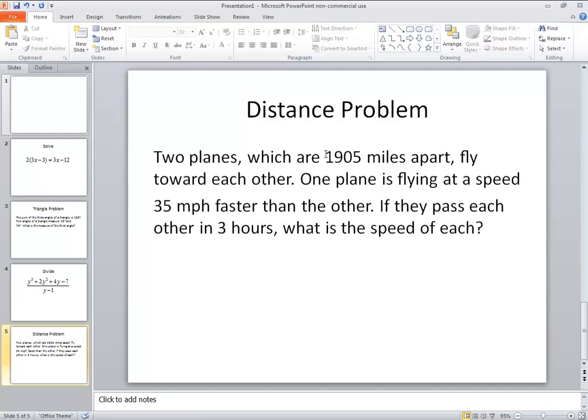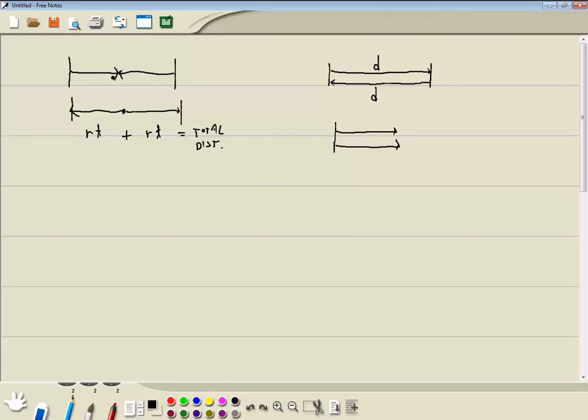Now this one, they're apart and they're flying toward each other. So we're wondering how long before they pass each other. So this is where they're working together. Specifically, one's over here, and they're flying toward each other. Now I like to visually see this.